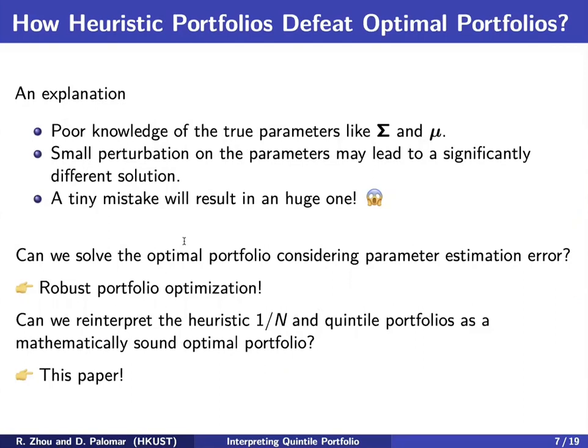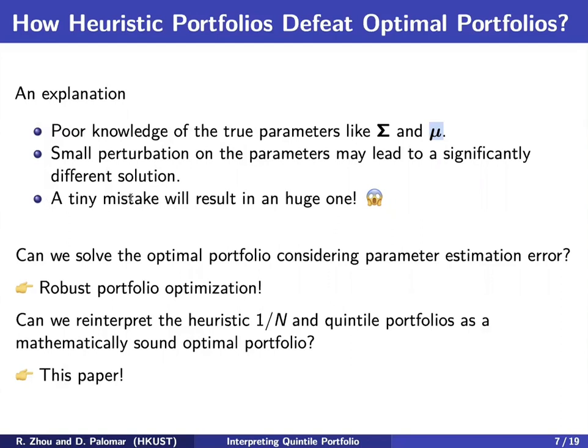An explanation is that we actually have very poor knowledge of the true parameters like sigma and mu, and some small perturbation on the parameters might lead to a significantly different solution, especially when you have an incorrectly estimated mu parameter.